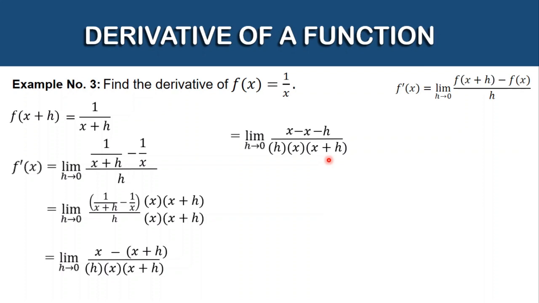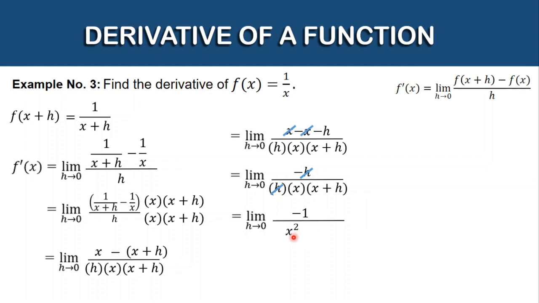So, dito sa part na ito, pwede nating i-cancel na yung x at x kasi magiging 0 na silang dalawa. So, the remaining part is negative h sa ating numerator and in the denominator ay same lang din naman. Then, dito, pwede nating i-cancel yung h naman. Then, yung remaining is negative 1 na lang sa taas. Then, in the denominator, we have x squared.